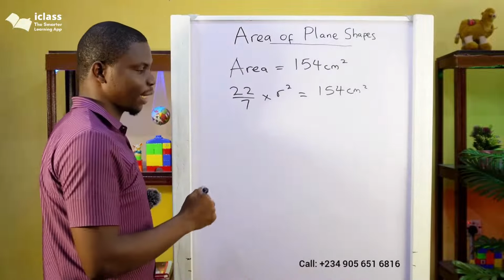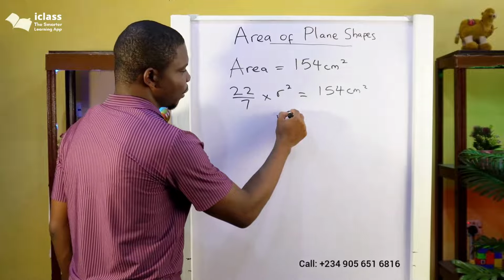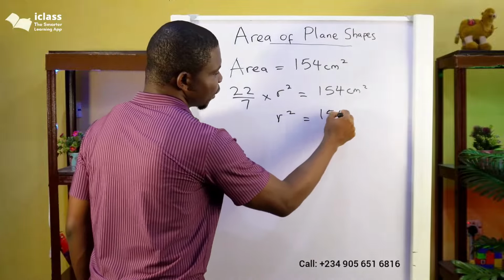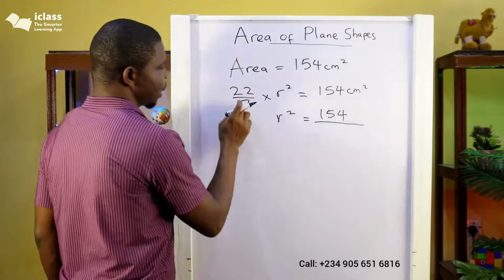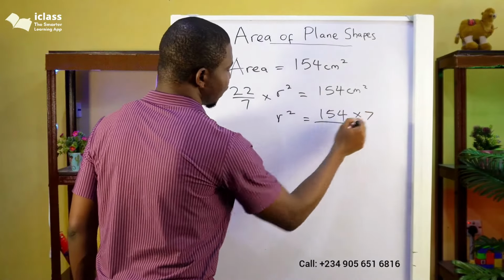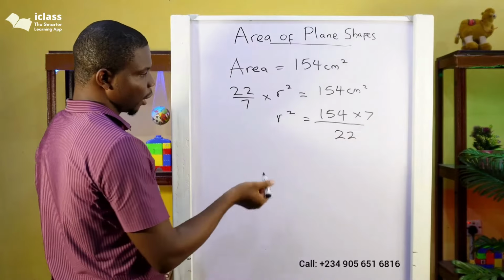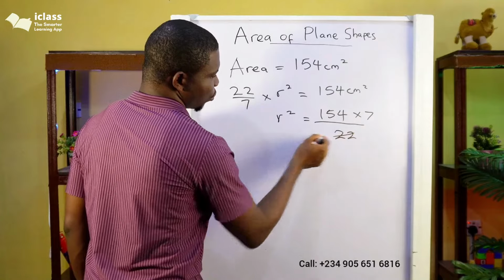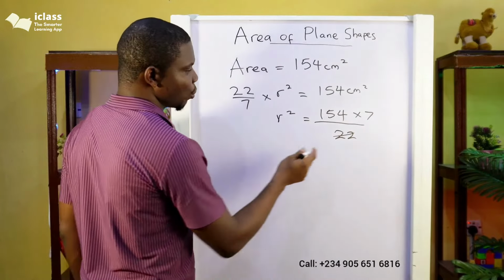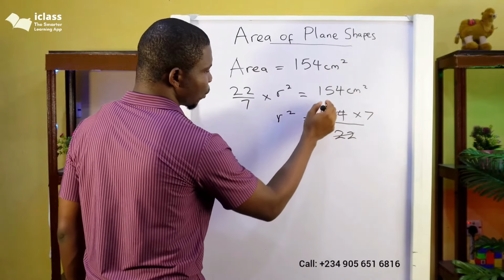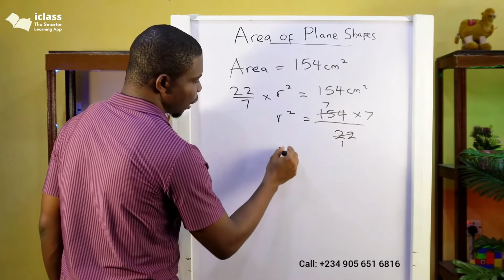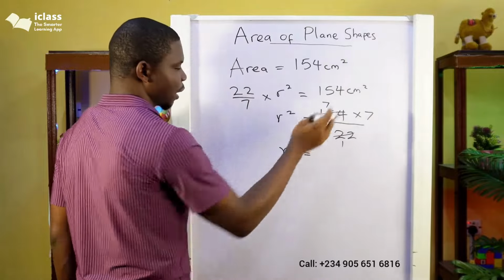So from here, we can make r squared the subject of the formula by moving 7 to the right-hand side and 22 as well to the right-hand side. So 22 will go into 154, that will be 7 times. So r squared is equal to 7 times 7.